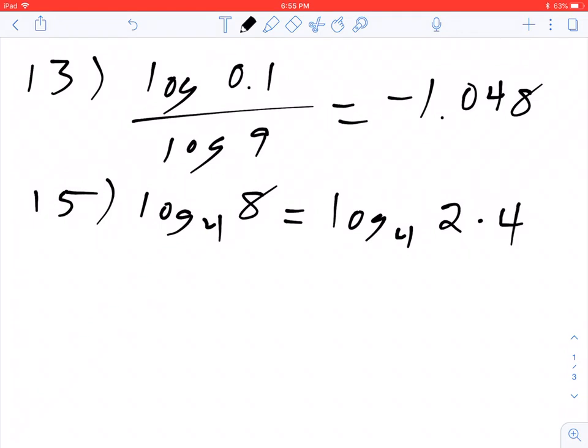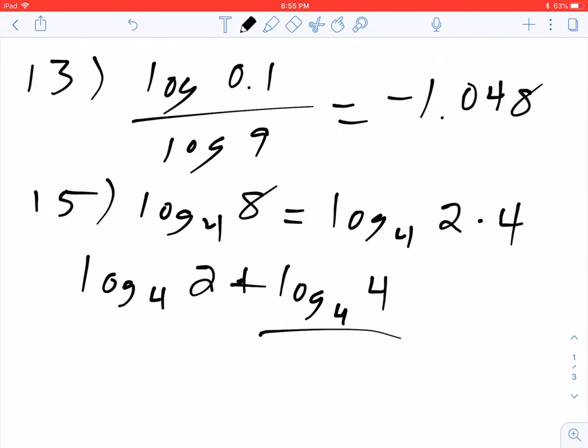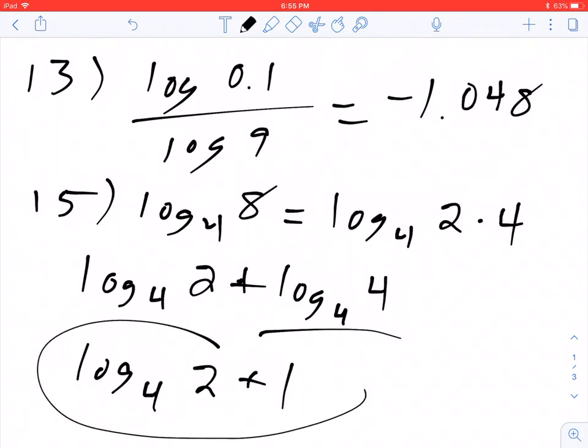And then from there, we can split this using the product property into log base 4 of 2 plus log base 4 of 4. Now, log base 4 of 4 turns into 1. Anytime the base of the log matches the number that's being logged, it's 1. So we're just going to have log base 4 of 2 plus 1. And this is your final answer.